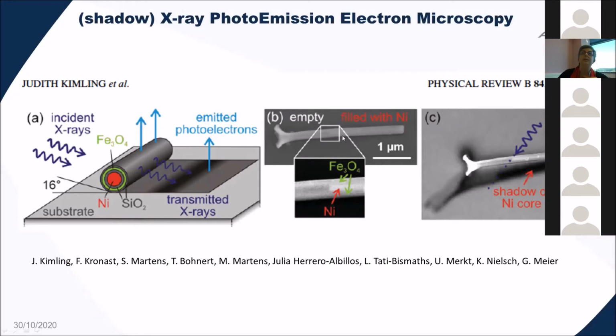This is an electron micrograph of this first wire that was shown. It is a magnetite wire, partially filled with nickel. And one can see here the PEEM image. This is the emission directly from the wire, and there is a shadow on the background, and one can immediately see that the shadow is much darker where the nanowire is filled.